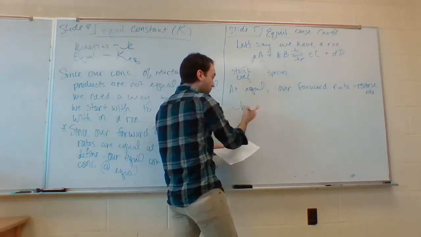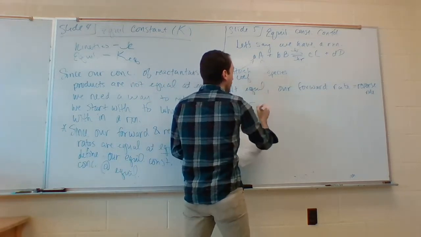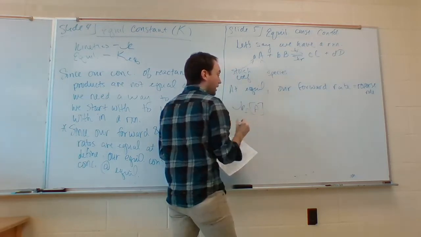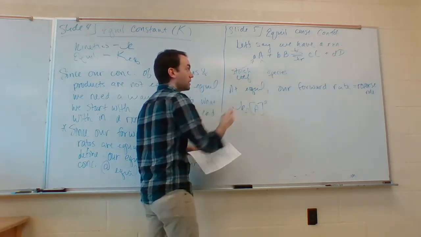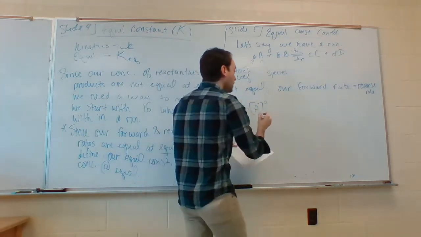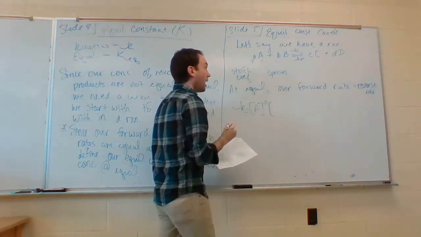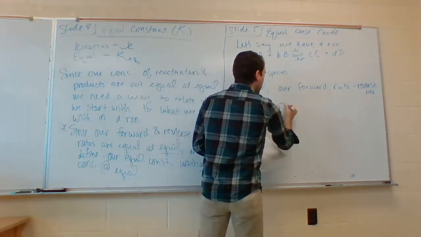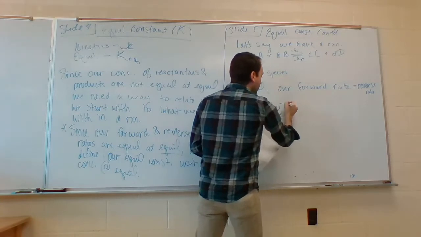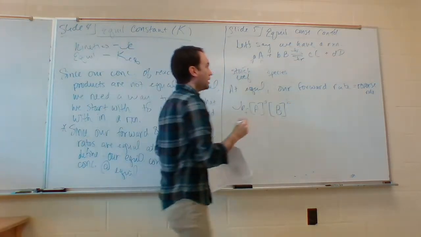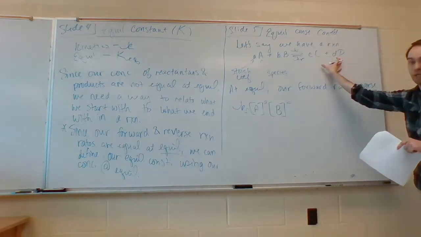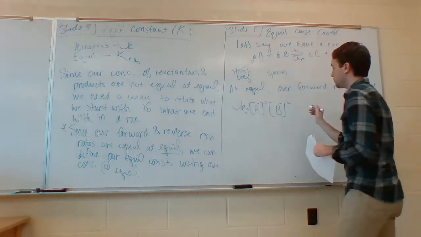So we have Kf times my concentration of big A raised to the little a, because I'm using my stoichiometric coefficient. All right, and then I'm going to have my concentration of B raised to my little b, so that's going forward. Now going backwards, these are going to be my reactants going in the reverse process.